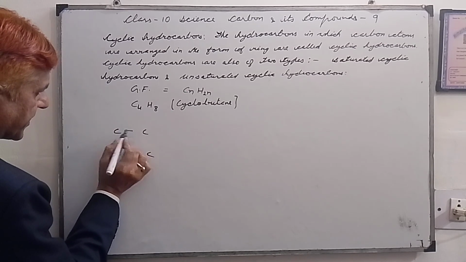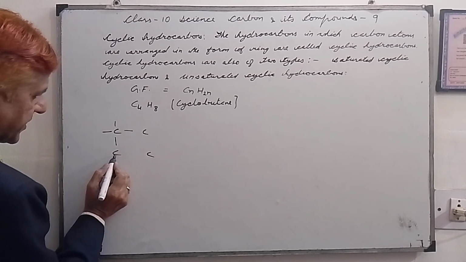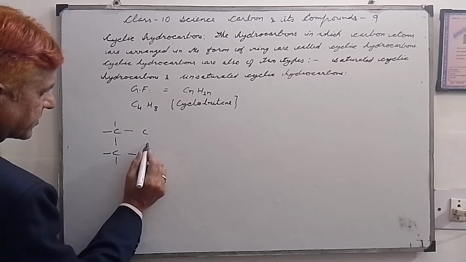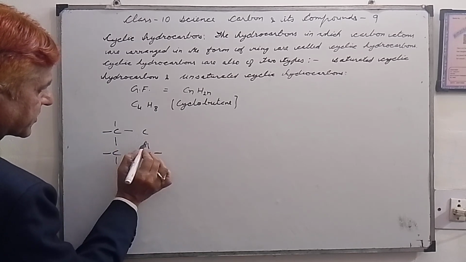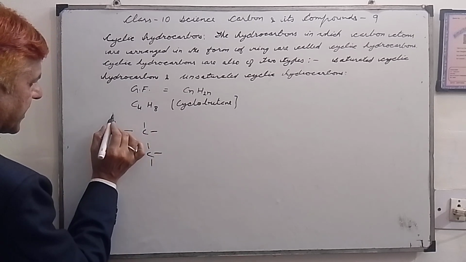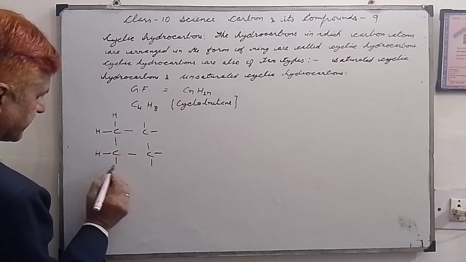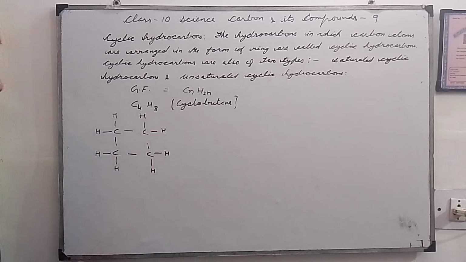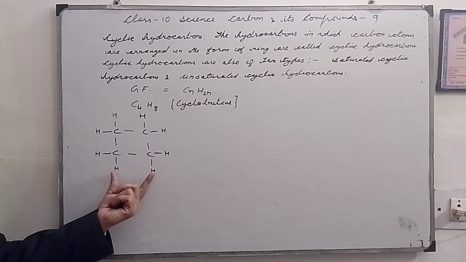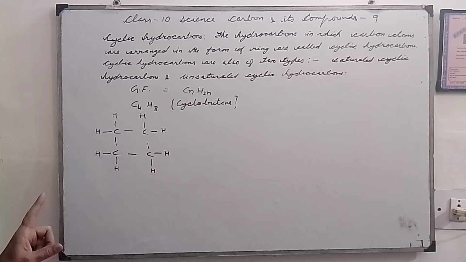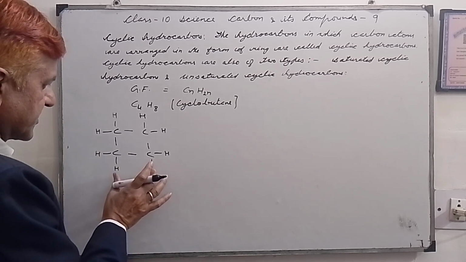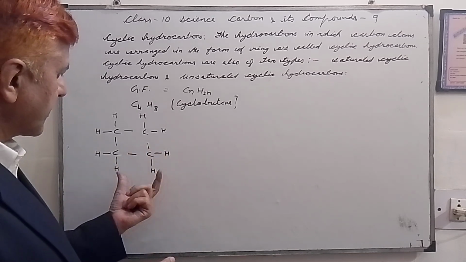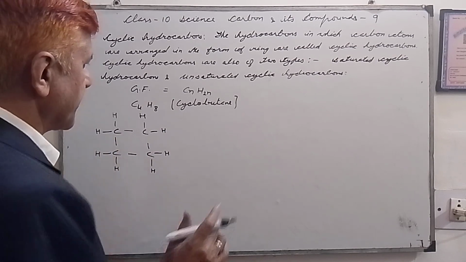Let's take this carbon, 1, 2, 3, 4. Now this carbon, 1, 2, 3, 4. This carbon, 1, 2, 3, 4. This carbon, 1, 2, 3, 4. Now attach hydrogen atoms to each bond. So this is the structural formula of cyclobutane. Now we will draw the electron dot structure for cyclobutane.